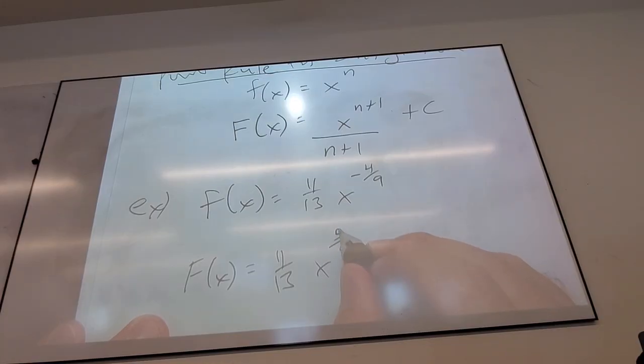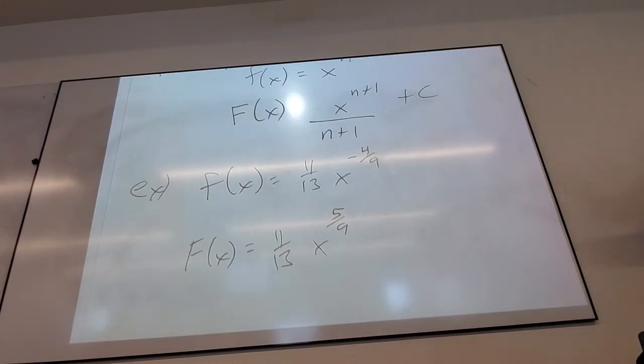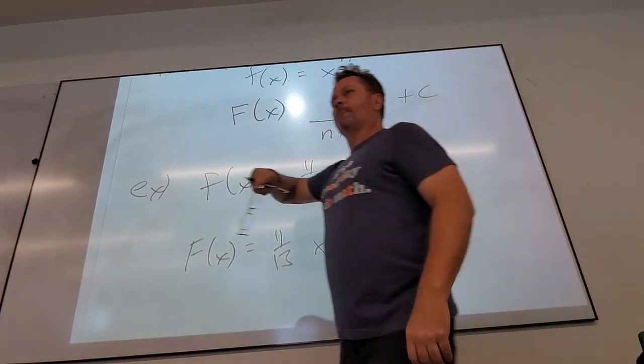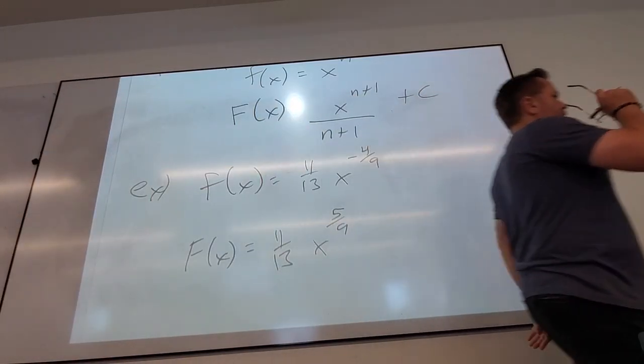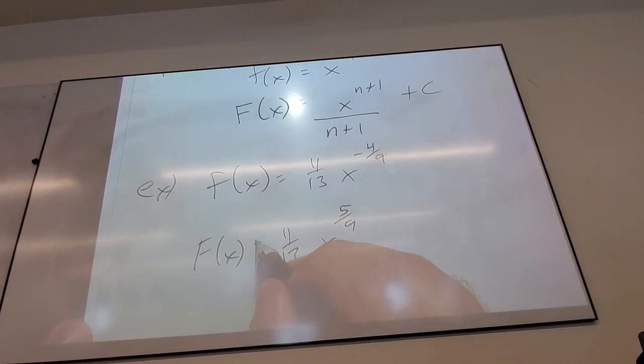Let me see if you guys are cool with the next bit. Therefore, I must be dividing by what? 5/9. I have to divide by the new power. That's what the rule says, yes? Add 1 to figure out what the new power is. Divide by that. But what is dividing by a fraction? Multiplying by its reciprocal. So I'm going to put 9/5 in front.